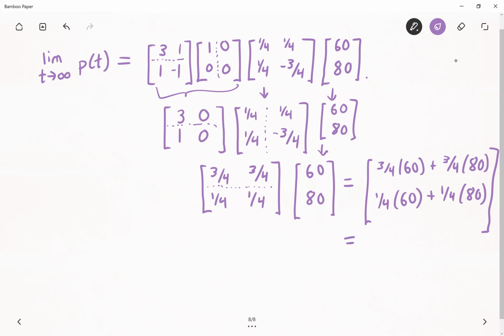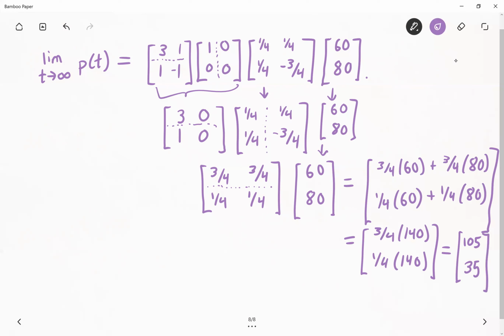Actually, something really interesting happens here. Notice that we have the same number going across, so I can actually factor that out: 3/4 times 140, and then 1/4 times 140. If we do that calculation, 3/4 times 140 gives us 105, and the remainder is 35, since 1/4 times 140 is 35.